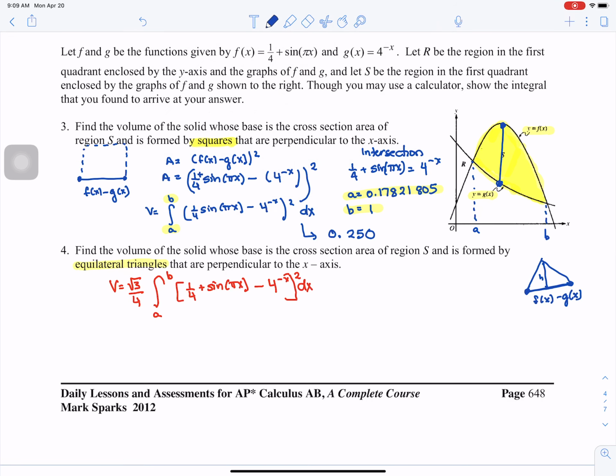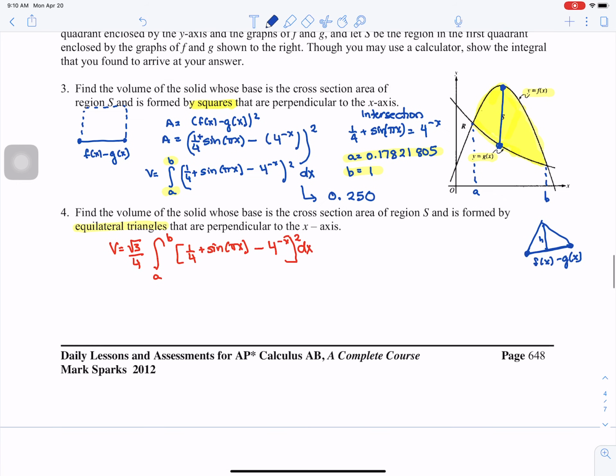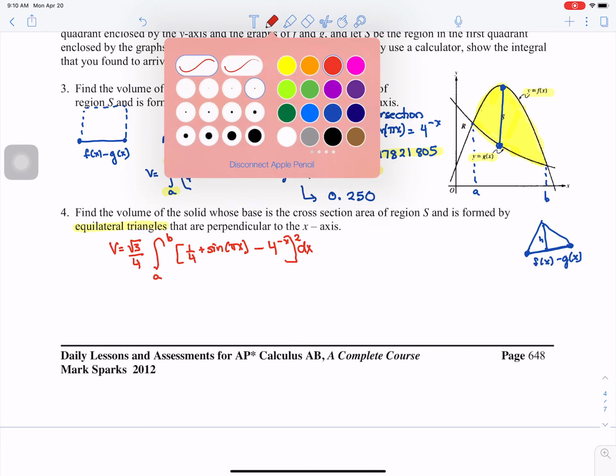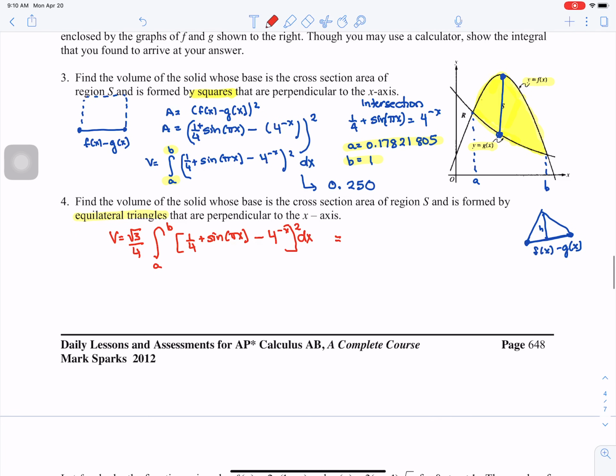This should be 1/4 plus. I just wrote the function wrong. Well, let's write that a little better. 1/4 plus. And so when you work out this volume, from A to B, f of x minus g of x all squared, you should get 0.108.